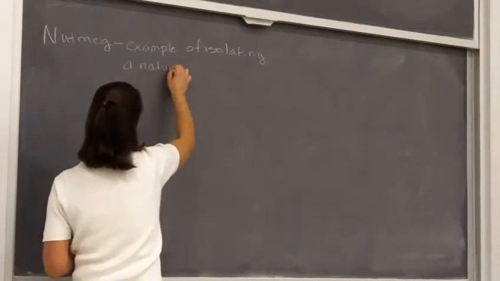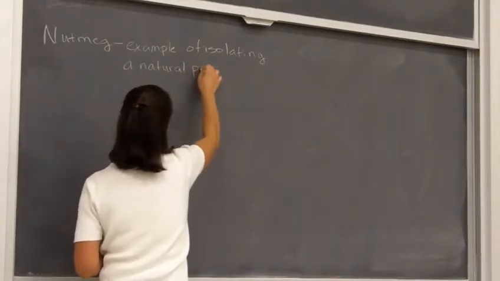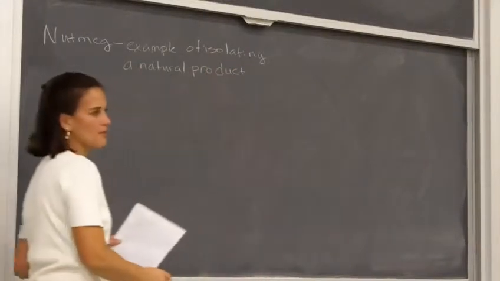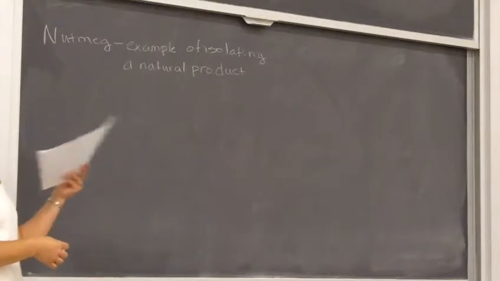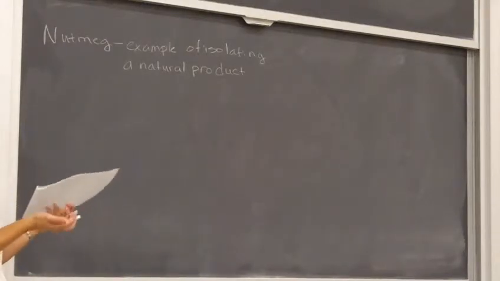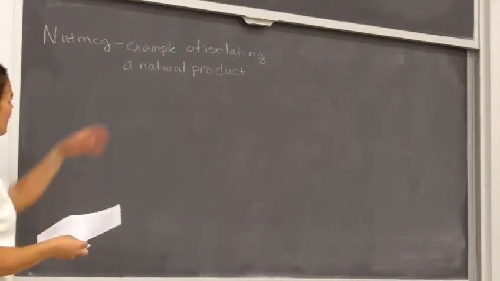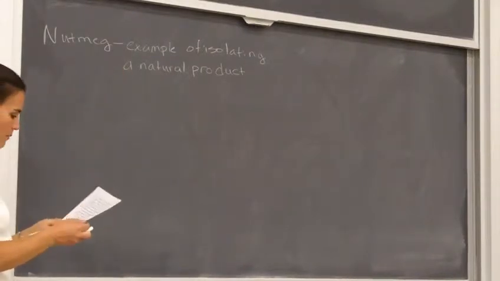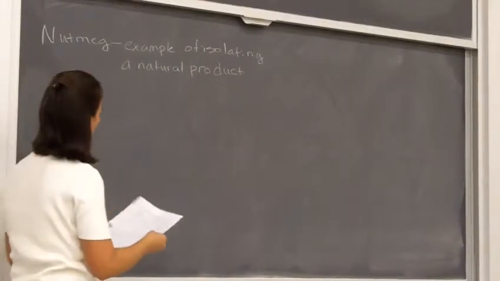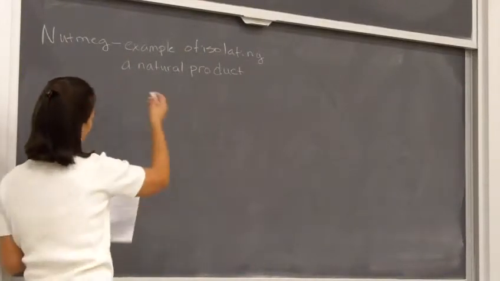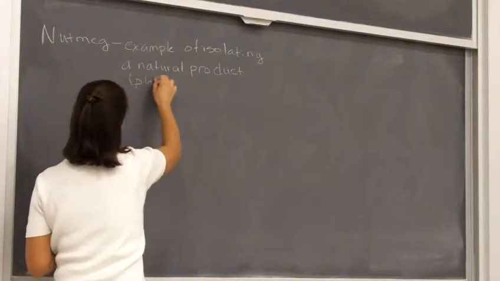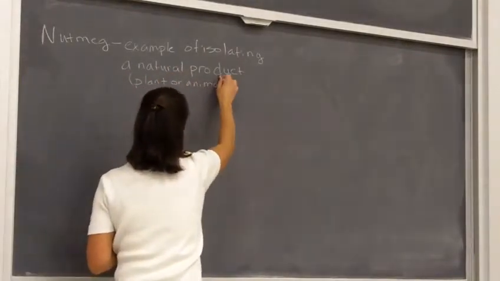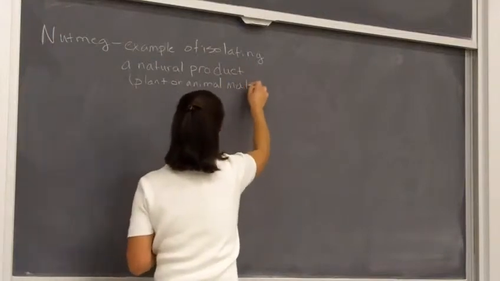Usually a lot of times it's isolated to then look at its properties as far as being used as a pharmaceutical or being used to make a pharmaceutical, which we're not going to do. We're just going to isolate the trimyristin to then go on and do another reaction with it, okay? Usually your natural products are going to come from plant or animal material. So in this case, we're getting it from a plant.